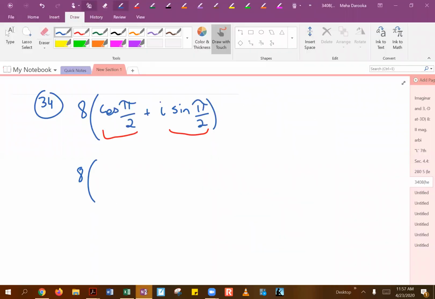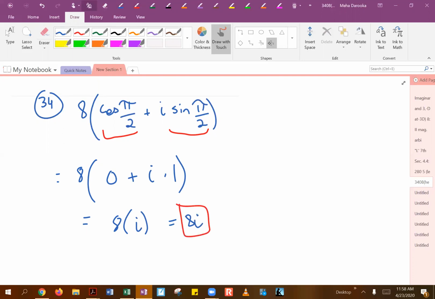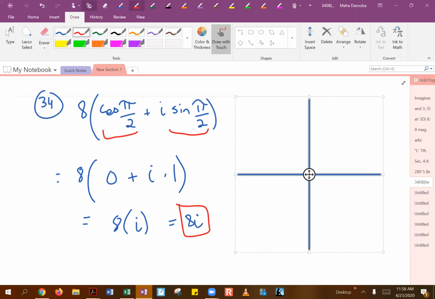Okay, and sine of pi halves. 1. Alrighty. So this will basically end up giving us 8 times, what will that be? Just 8 times 1i or just i? Yeah. Which will become 8i. Now, if you had to plot this, where would we put it at?